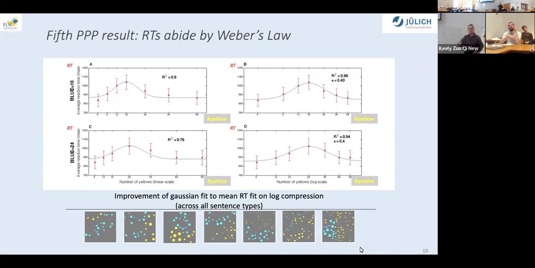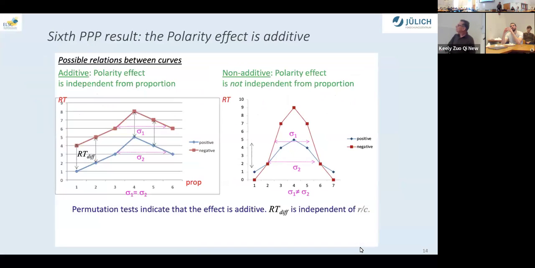There is a way to check whether Weber's law is respected. It has to do with logarithmic compression of the x-axis and fitting curves and seeing whether some measure of approximation improves or not. I'm not going to go through the details of it, but basically we replicated Weber's law on this data set on every test that we subjected it to. I can give you details later. So this is one thing.